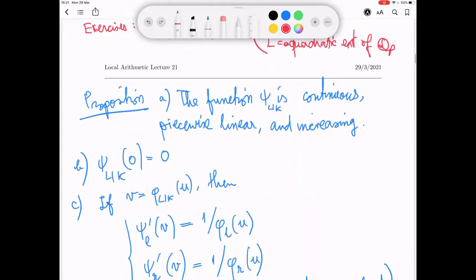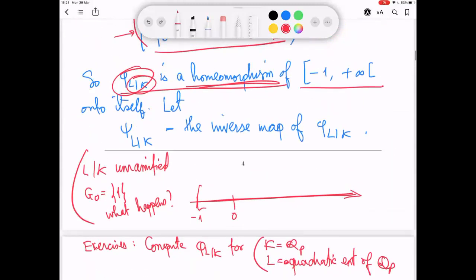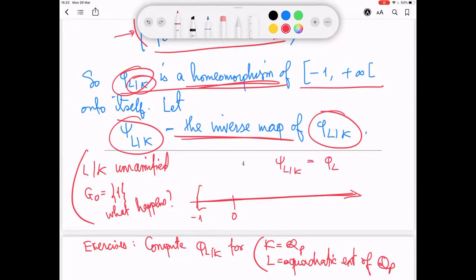Okay. So because it's a homeomorphism, there's the inverse map. And we'll call it psi L over k. This is the inverse of phi L over k, of this homeomorphism. So we could say this is phi L over k inverse. Not 1 over phi L over k.